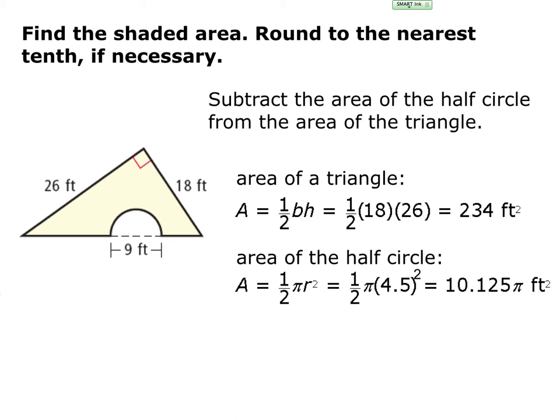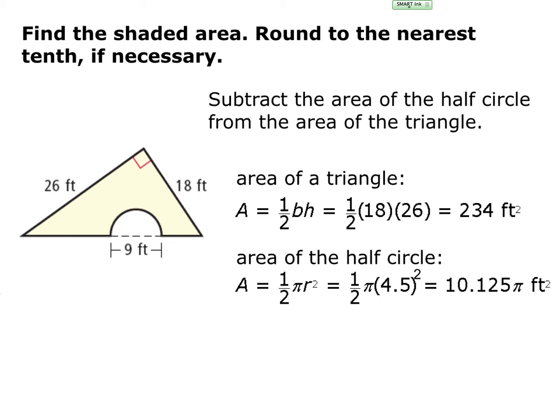And then do half of that, that's where my 10.125 came from. Again, I didn't multiply by pi yet. I'm waiting till the end, so I don't have to write down a bunch of decimals. If you're rounding right away, you're going to be off a little bit more.